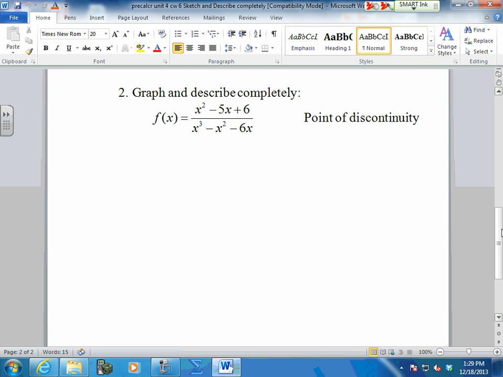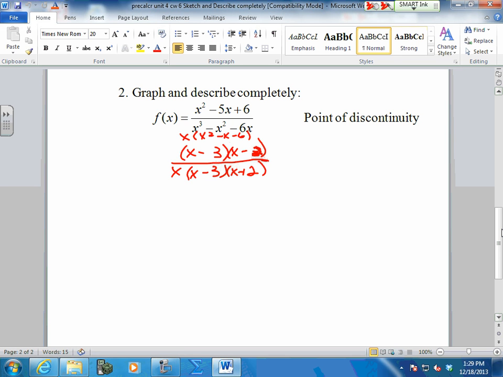Now, let's factor your numerator. What can we factor your numerator into? x minus 3, x minus 2. Okay, now, in the bottom, let's factor out an x first. Okay, so what does that factor into? This is an x times (x plus 2).